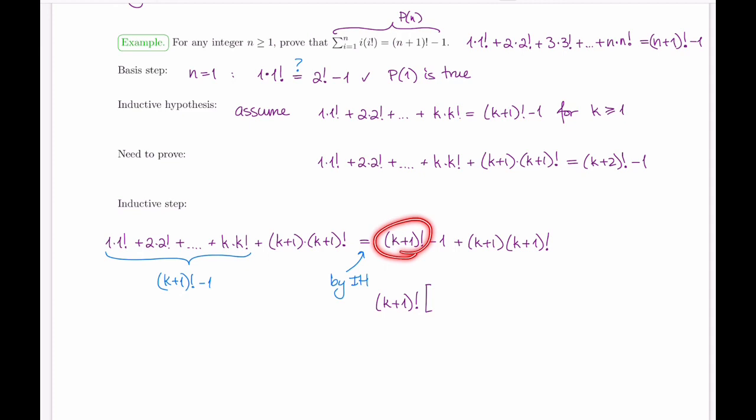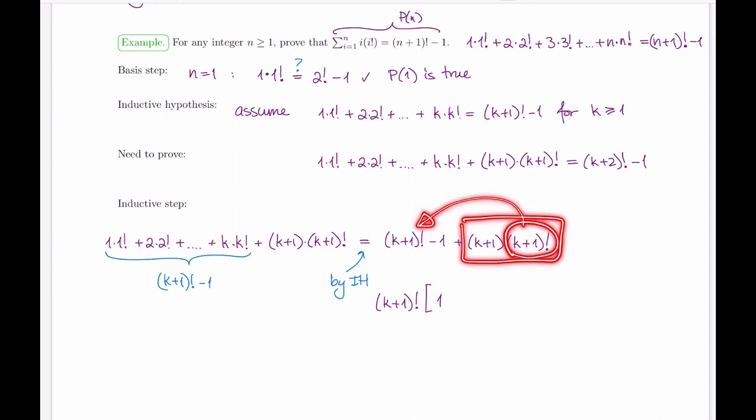If I factor out k plus 1 factorial out of the k plus 1 factorial, it's kind of like, let's say if I had a 5 here and I factor out a 5, what I have left is 1. So this is going to be left with just 1. But taking this, if I factor out k plus 1 factorial, what I have left is k plus 1.